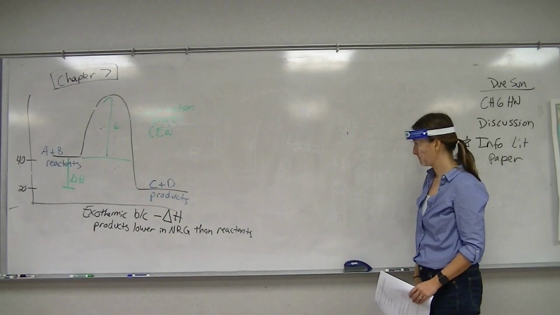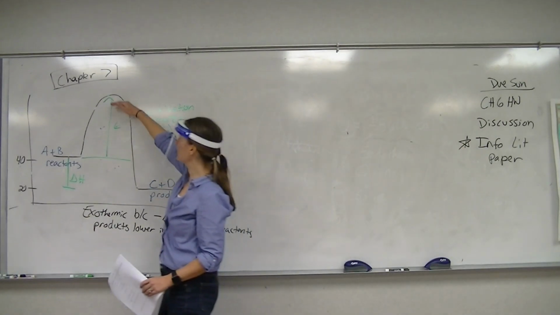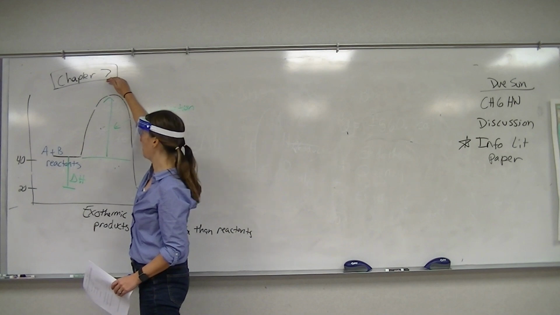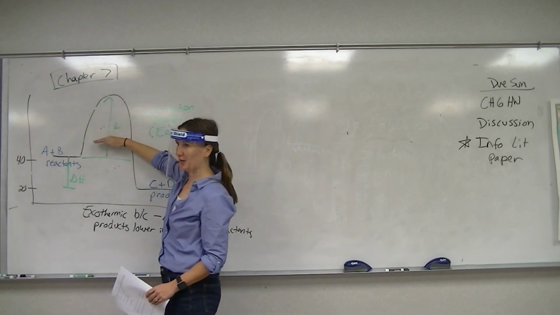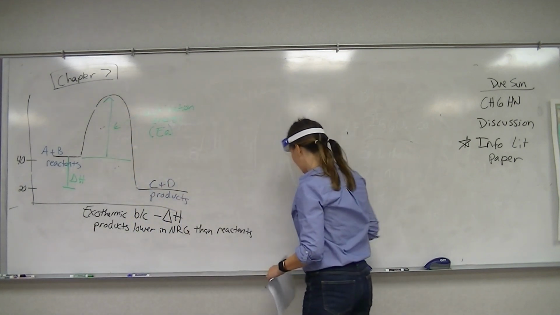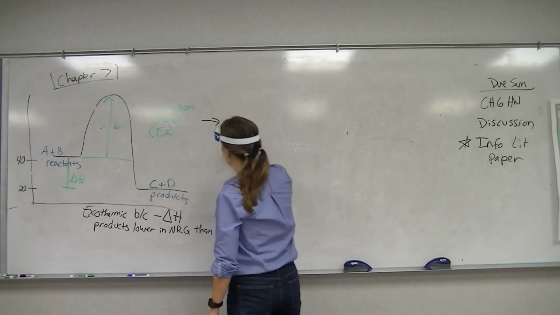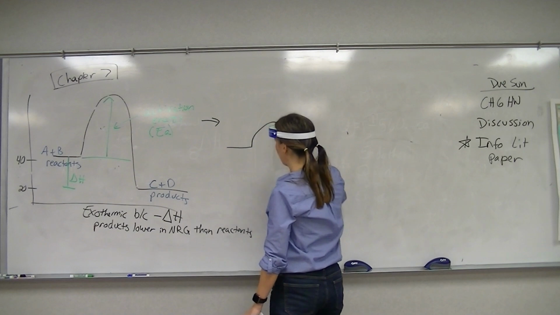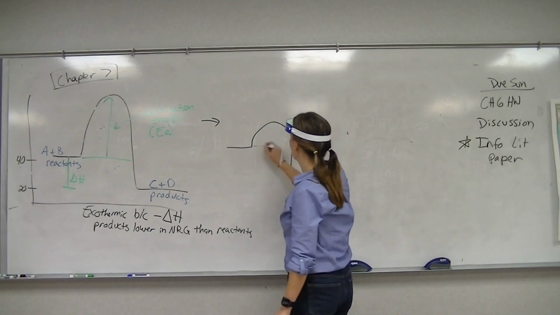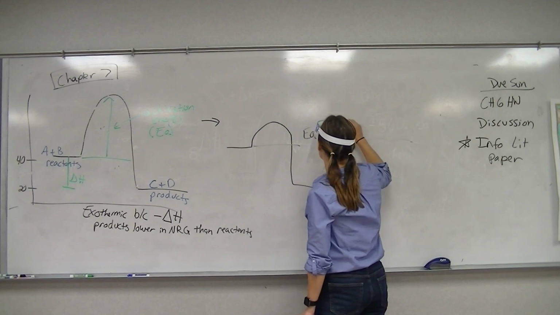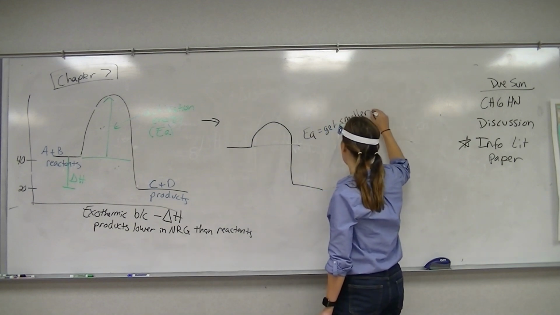Make it higher. If I make the hump higher, is that going to make the reaction take longer or shorter? Longer. So I'm going to want to decrease it. So what a catalyst would do to the activation energy is make it smaller. So it would probably look more like this. So EA would get smaller, or lower EA.